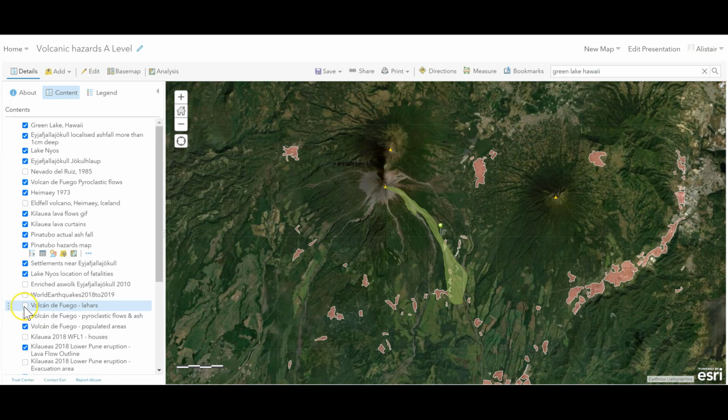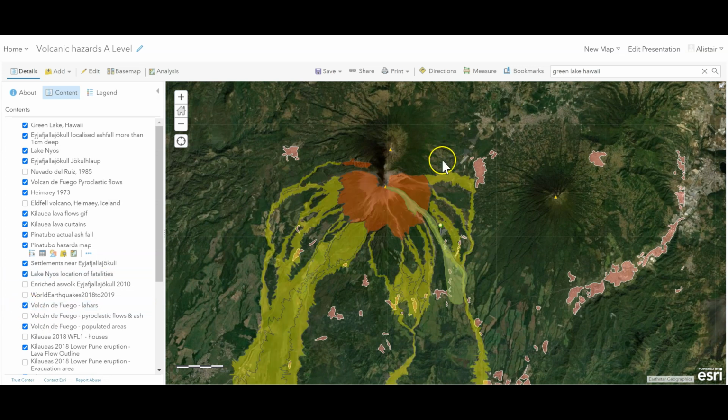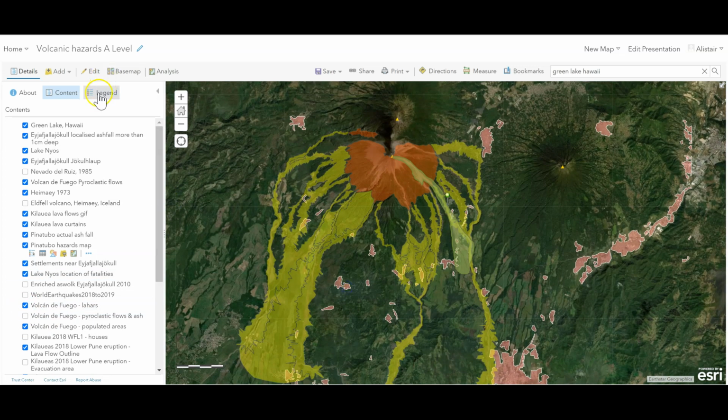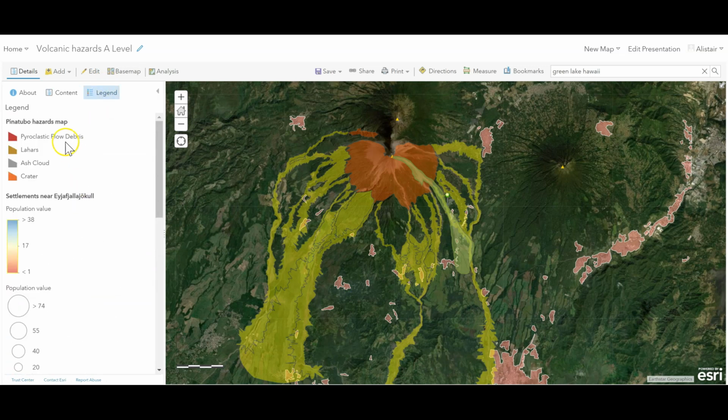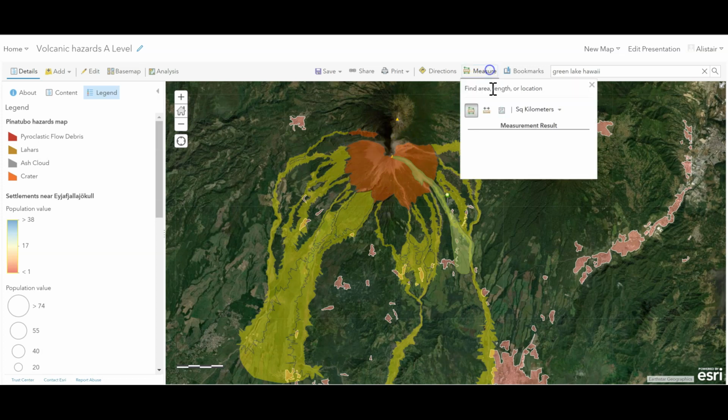So if I turn on this layer, this was a hazard map that was produced in the immediate aftermath of this eruption, and you can see here's our key, the pyroclastic flow debris. Again, this is mostly contained towards the centre of the volcano itself.